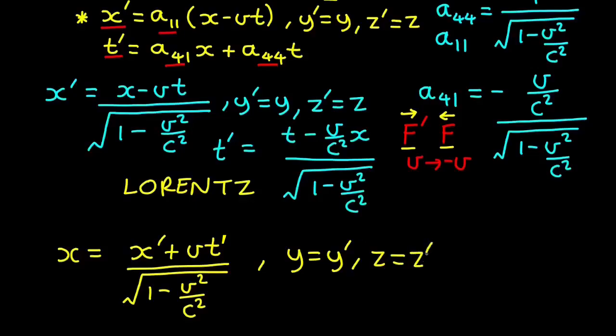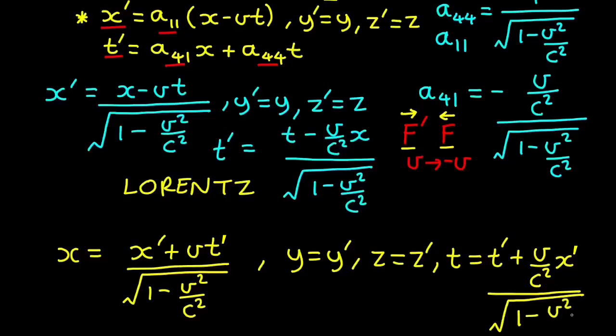And then exchanging t prime with t and v with minus v, we get t is equal to t prime plus v on c squared by x prime on the square root of 1 minus v squared on c squared. So these are identical in form to the primed equations, except that the sign of the relative velocity is changed from positive to negative.